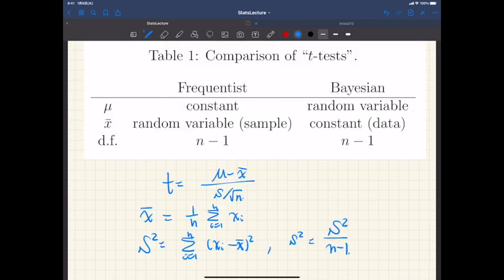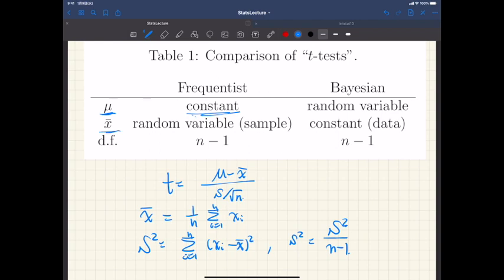Okay, let us summarize again. In the ordinary frequentist approach to the t-test, which is comparing the sample mean with some theoretical constant, in that case mu is the constant. So this is the theoretical value with which the sample mean is compared.